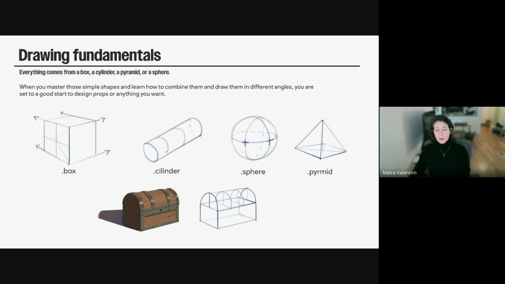Even if you're a modeler, you're going to have to break the concept into the most basic shapes. And from a simple box, you can start to build up the skills and do more complex things. So basically when you master those basic shapes and learn how to combine them, you're good to start designing props.